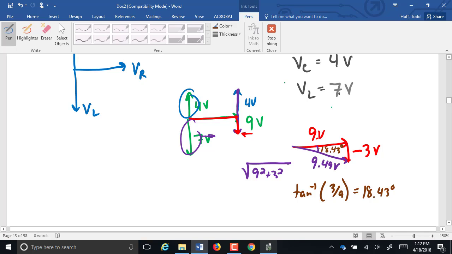Technically, you would say that's 9.49 volts at a negative 18.43 degrees, or you could say it's 9.49 volts at 341.57 degrees. In electronics, usually it's more appropriate to say a negative 18.43 degrees. What do you guys think?